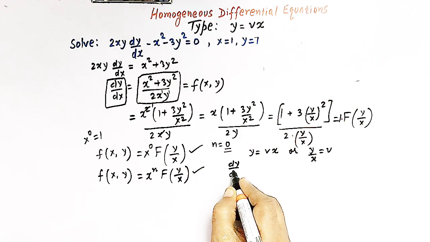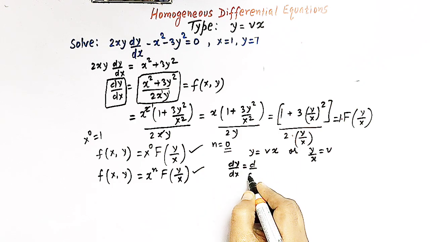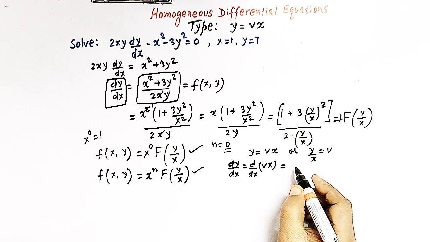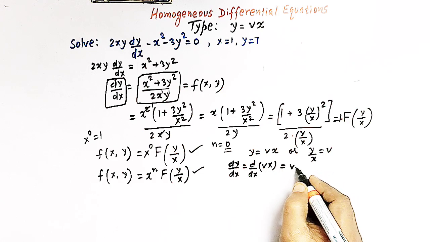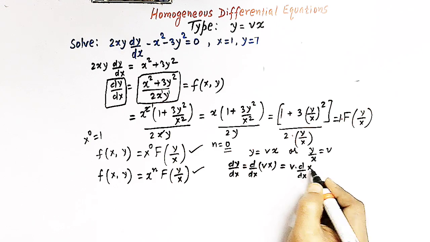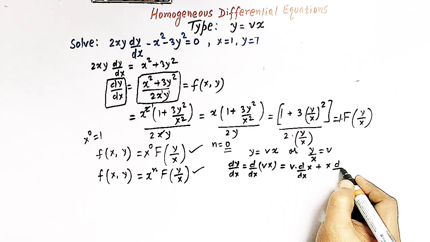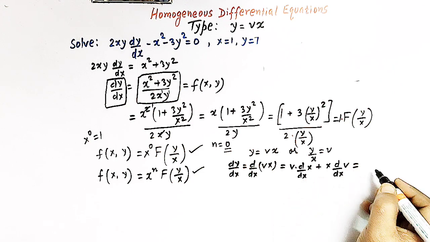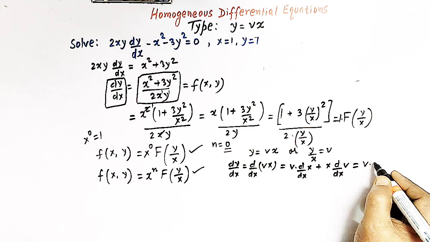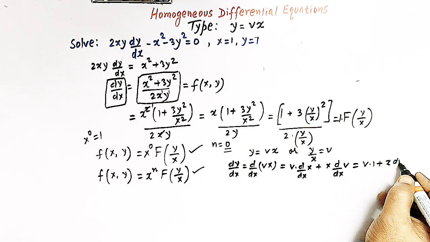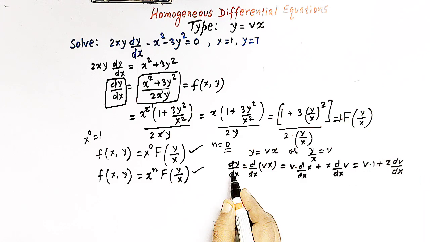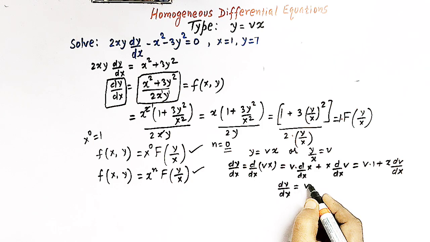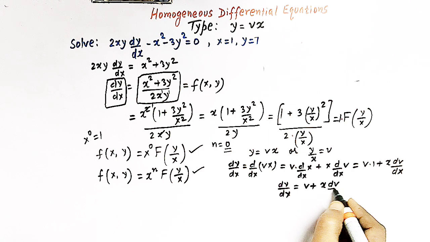So we have dy over dx is equal to d over dx of vx, and here applying the product rule, we have v times the derivative of x, and then x times the derivative of v. So here the derivative of x with respect to x is 1, so we have v times 1 plus x dv over dx, right? So we have dy over dx is equal to v plus x dv over dx.